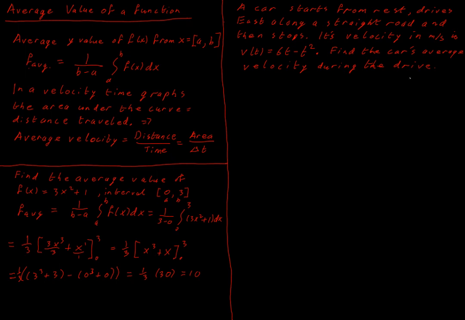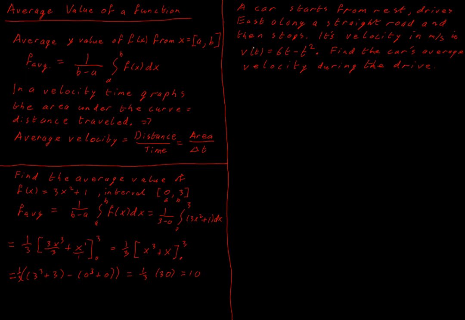So we're given some information in a story format, and we're going to need to translate it into maths. We're told that the car starts from rest and then carries on in a particular direction and then stops. So it doesn't go back the other way. It doesn't change direction. It just keeps moving east in a straight line and then stops.